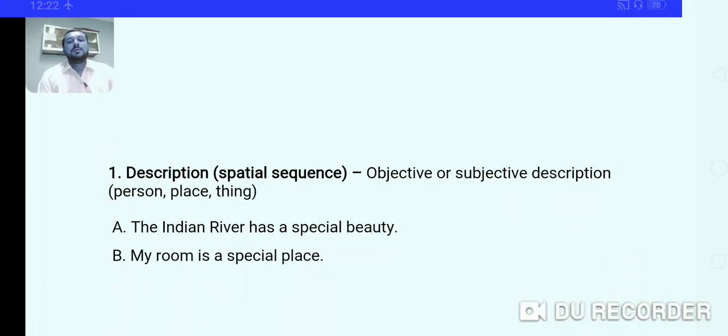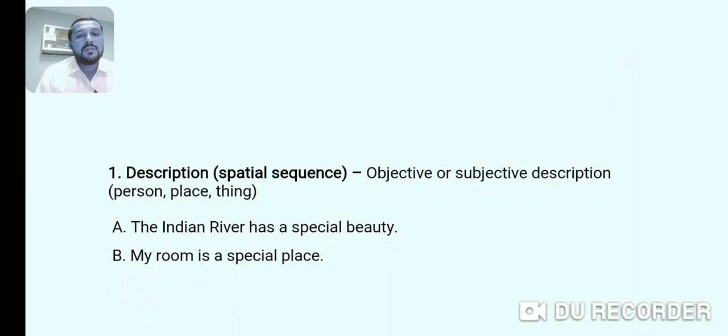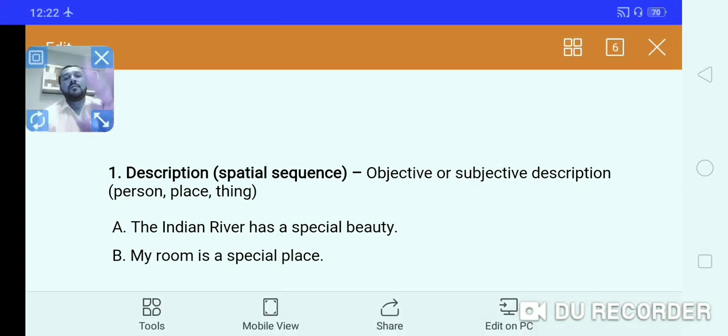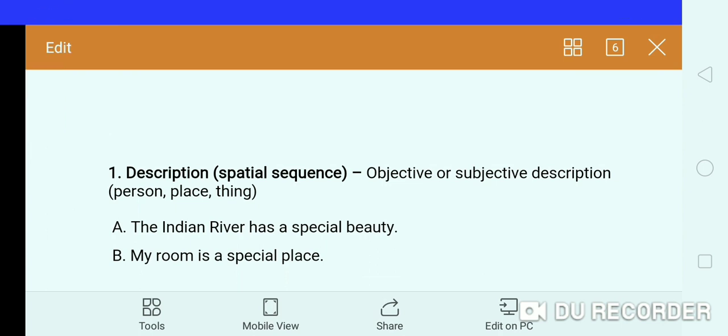So the first one is the descriptive paragraph, descriptive essay, or description, that is known as a spatial sequence. That can be objective or subjective description of a person, place or thing. When you describe someone or something, you give your readers a picture in words.